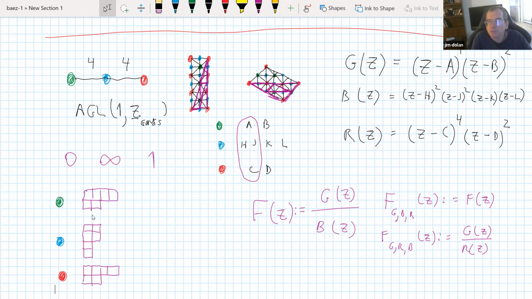Those are the branch points, the 4 branch points, but the places where the derivative of y is 0 or infinity or something like that. I think that's going to be like the 3 torsion or something like that.